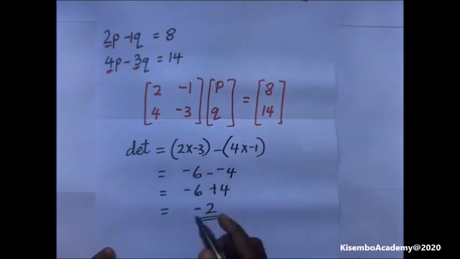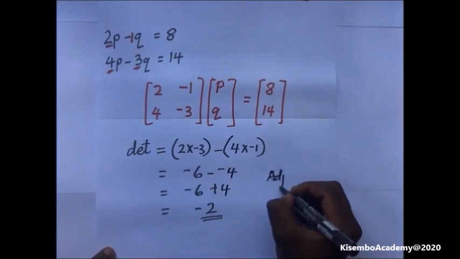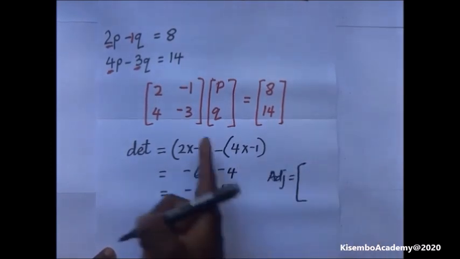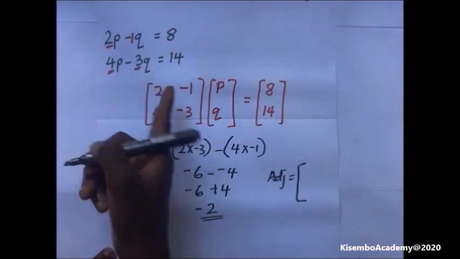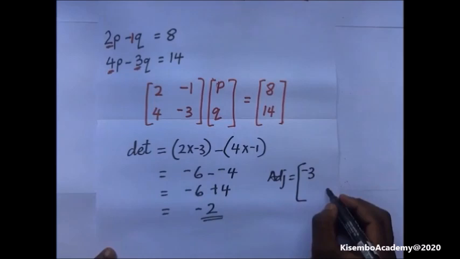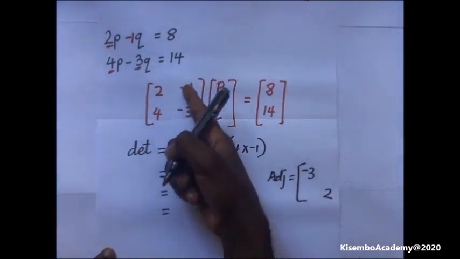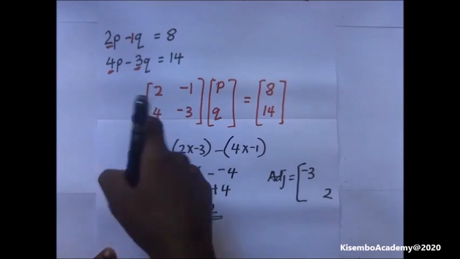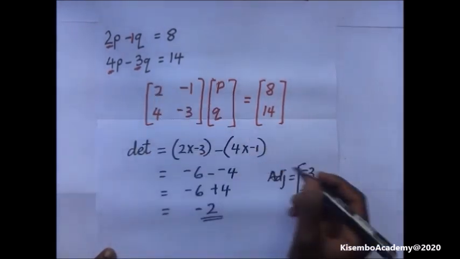So we go ahead and find the adjoint of this same matrix. The adjoint is simply going to become: we interchange the numbers in the main diagonal, so here we have -3, and this 2 comes down here. Then in this other diagonal we multiply by -1. 4 times -1 is -4. -1 times -1 is 1.